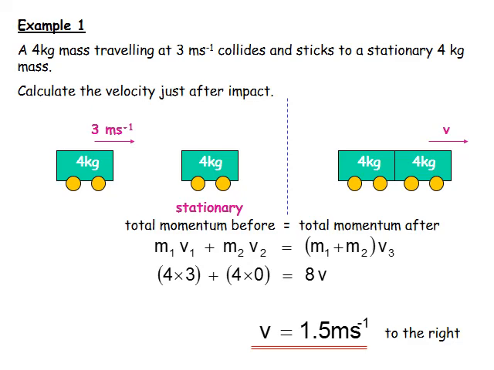It's important that you put brackets on to make sure that you add up the numbers correctly. So on the left hand side we've got 12 plus 0 and on the right we've got 8v. This means that v is equal to 12 divided by 8, which is 1.5 metres per second to the right, because it's a positive number. So the direction is that anything right is going to be positive.